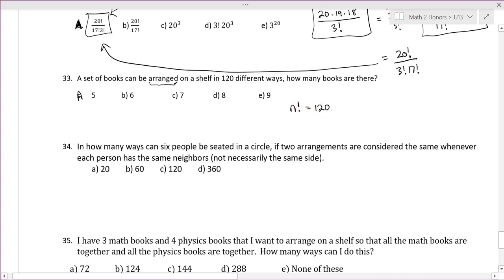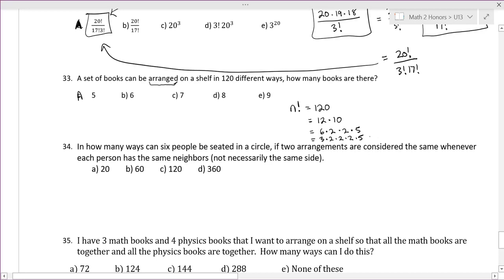And 120, if we break that down, well, 120 is 12 times 10. Keep breaking that down. You get 6 times 2 times 2 times 5. And 6 is 3 times 2. So I just broke 120 down to its primes: 3 times 2 times 2 times 2 times 5.